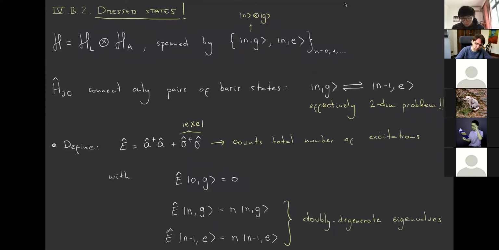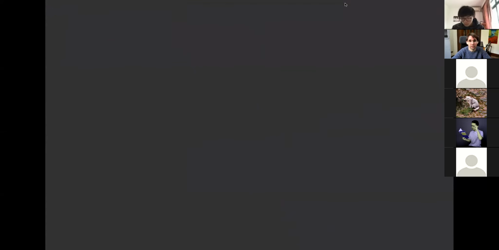What's interesting is that the Hamiltonian commutes with this operator. The Jaynes-Cummings Hamiltonian commutes with this operator E, and therefore this automatically implies several things. First of all, they have common eigenstates, because they commute, so they can be diagonalized simultaneously.